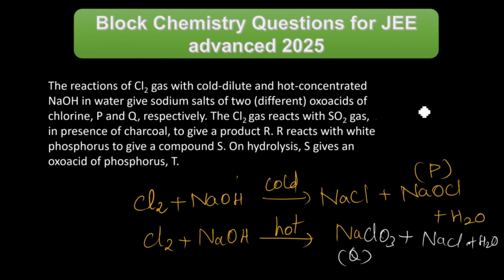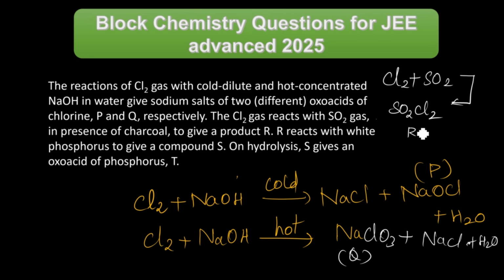Cl2 gas reacts with SO2 gas, in the presence of charcoal, giving R. So what will that give? It is producing thionyl chloride, SO2Cl2.